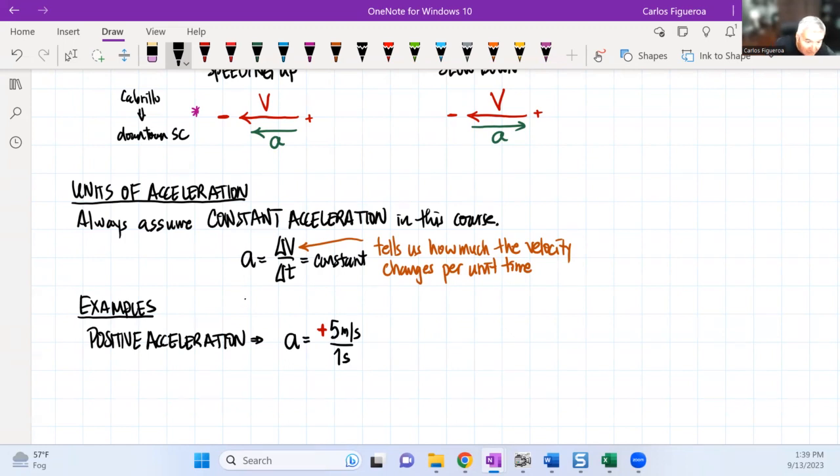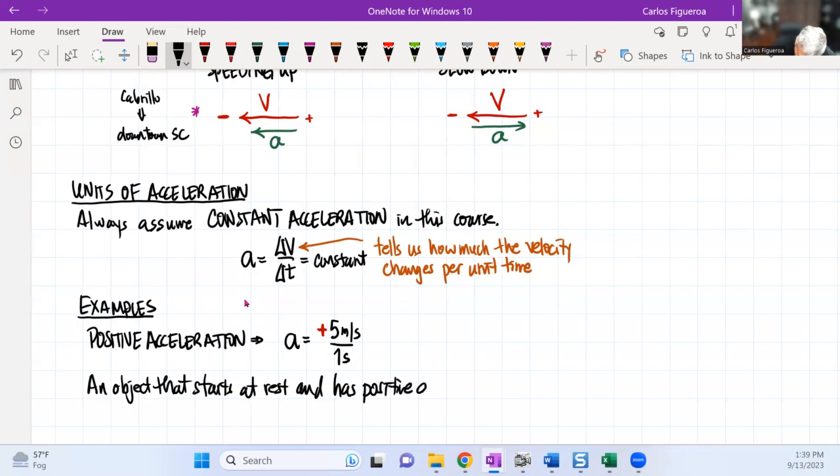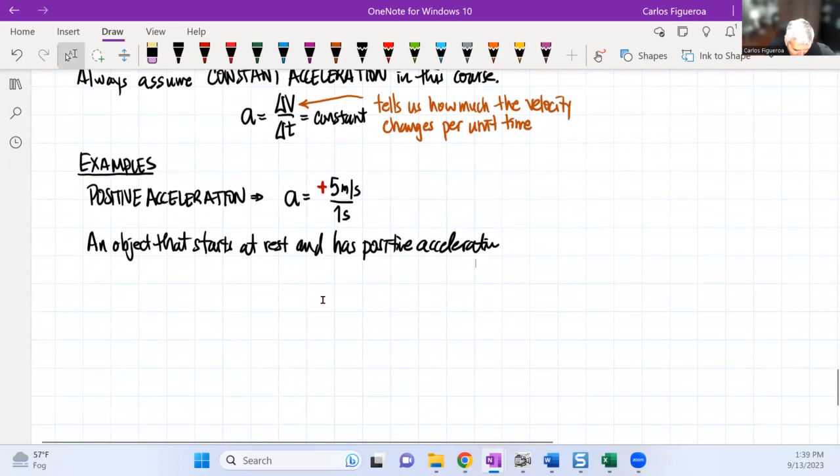Okay, so what we do here is look at a motion diagram. So let's look at an object that starts at rest and has positive acceleration of 5 meters per second every 1 second. So now if I start to look at my motion diagram, what does this look like?